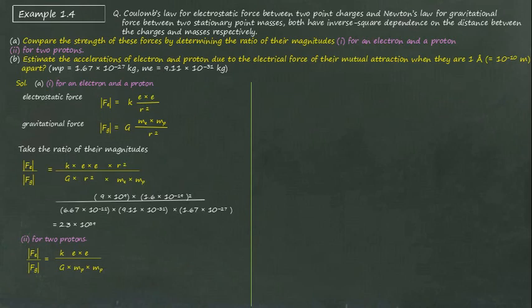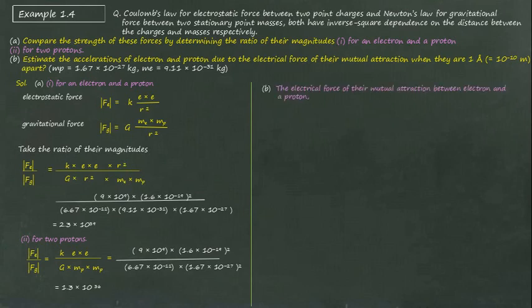Here twice mass of proton. Put all the values in the formula. Answer is 1.3 into 10 raised to 36.